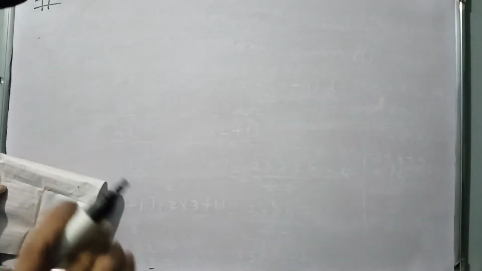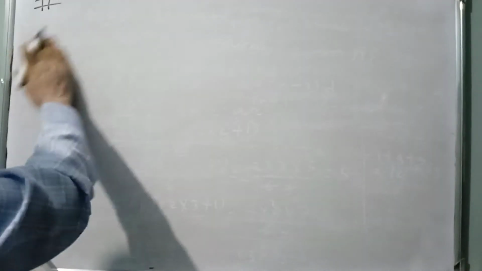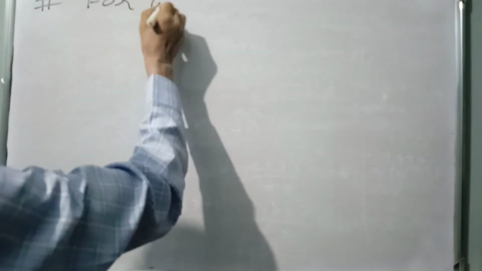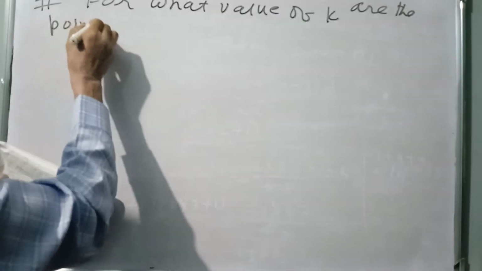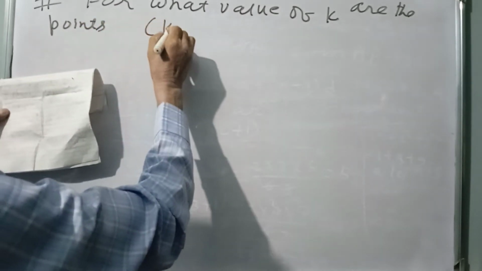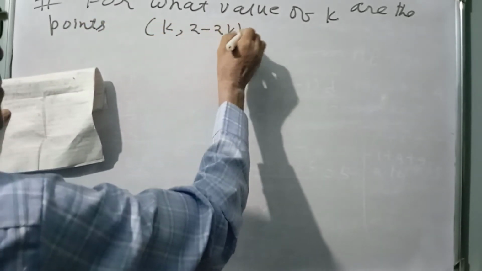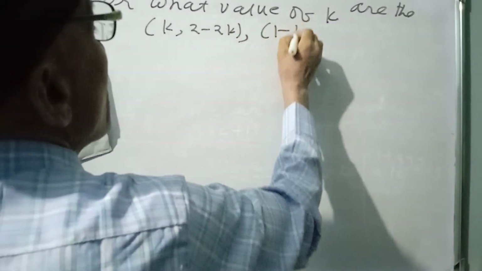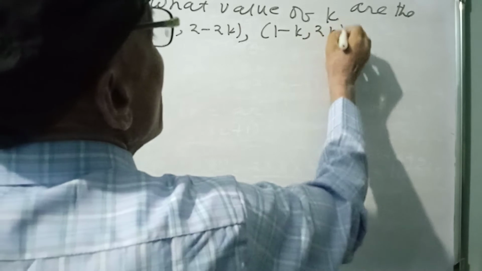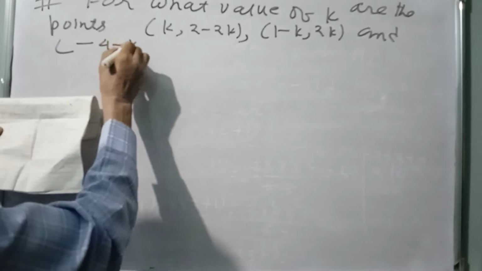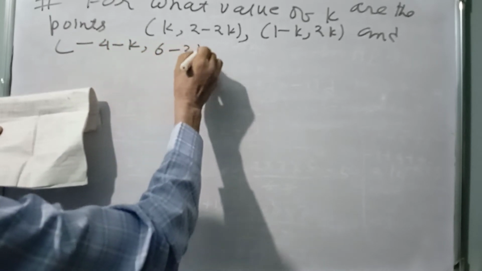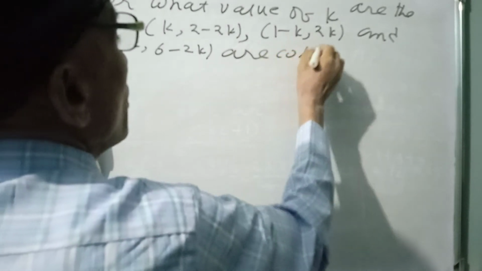For coordinate geometry, for collinear: for what value of k are the points given as follows: k, 2 minus 2k first point, another point 1 minus k and 2k, and third point minus 4 minus k and 6 minus 2k collinear?